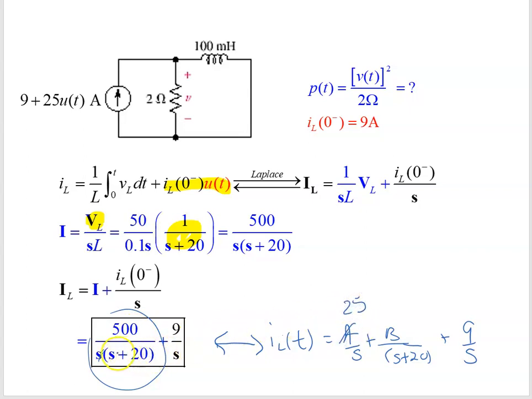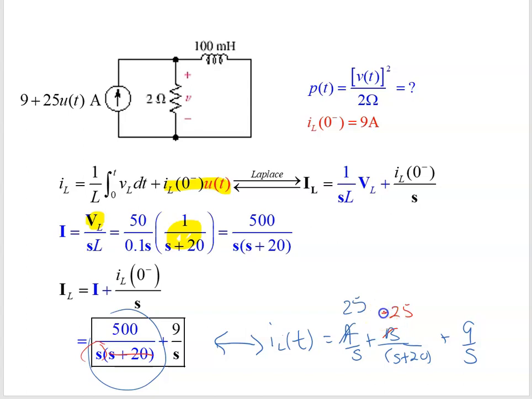And our B, we're going to cross out this, and we're going to plug in negative 20. And so that's going to be 50 over 2, and that's also going to give us, I think, a 25 there. Yeah, but actually that's going to give us a negative 25, because we're plugging in a negative 20 here.